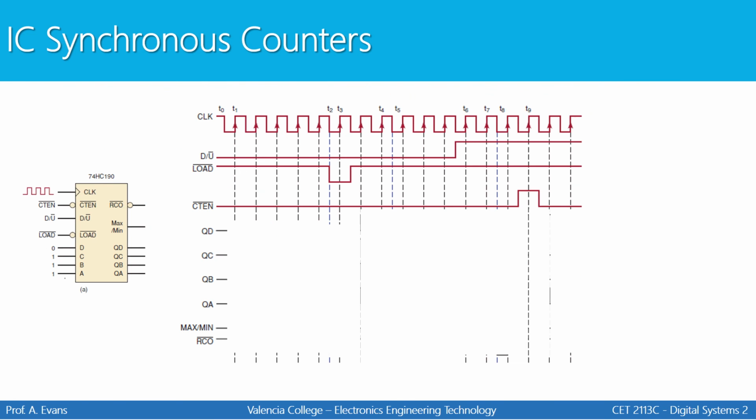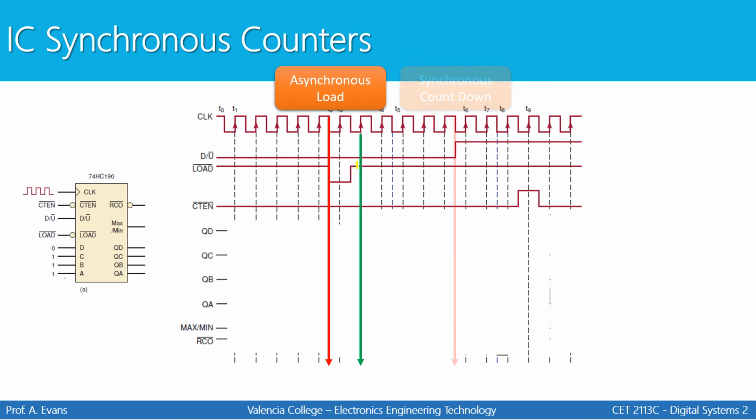As we do our waveform, we're going to start once again by identifying some critical points. The first critical point is when the load occurs right here. That's an asynchronous load, so it'll happen immediately. And the counter won't begin to count until load has gone back high and the next applicable clock transition occurs, which will be right here.